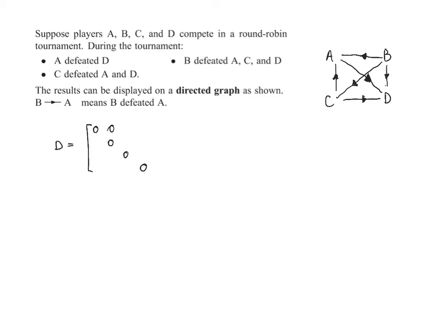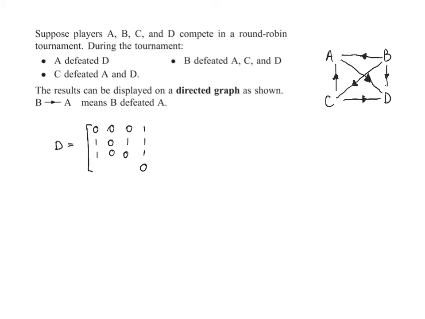A lost to C, which is a 0, but actually defeated D, so that becomes a 1. If we look at B, B defeated A, C, and D, so they get a 1 in each. C defeated A, so that will be 1, 0, 1.